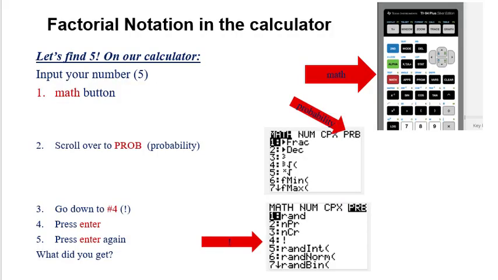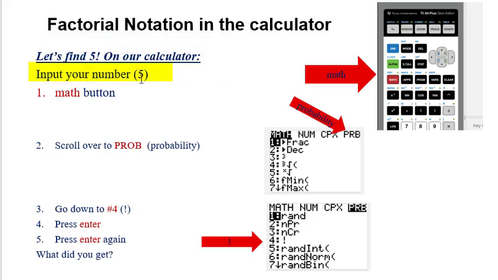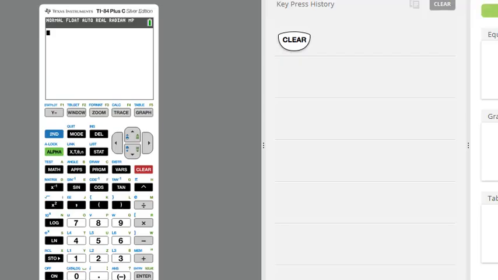Now, if you are working with the formulas, I do want to remind you where the factorial button is, but let's say we want to find 5 factorial on our calculator. Input your number 5, go to the math button on your calculator, scroll over to probability, go down to number 4 when you get to the probability screen, and there's your factorial button. Okay, so let's just look at that real quickly.